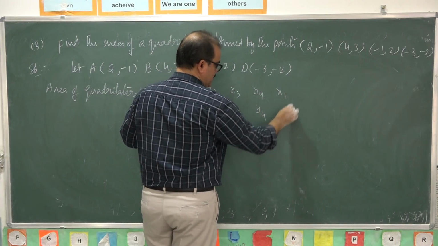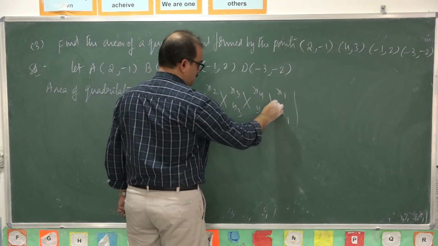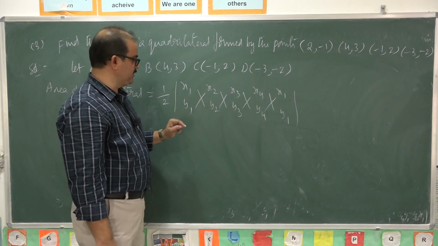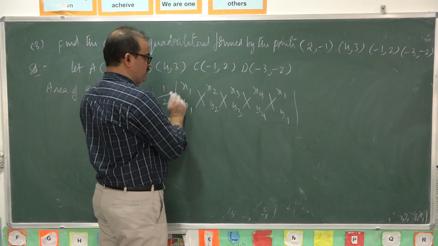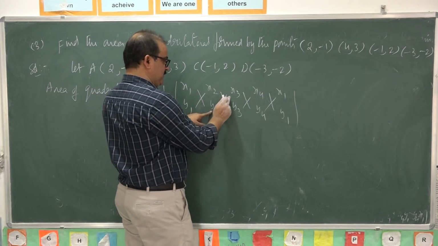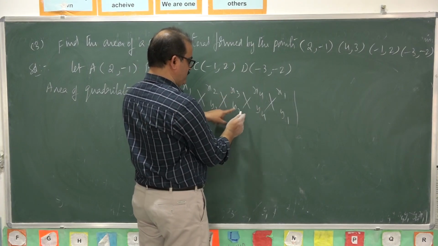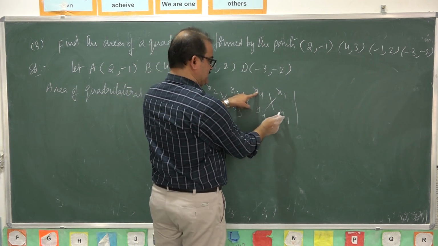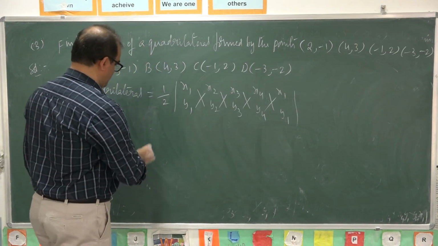Again you write x1 y1. Okay, on expanding you get the area. How to expand it? x1 into y2 minus y1 into x2 plus x2 into y3 minus y2 into x3 plus x3 into y4 minus y3 into x4 plus x4 into y1 minus y4 into x1.